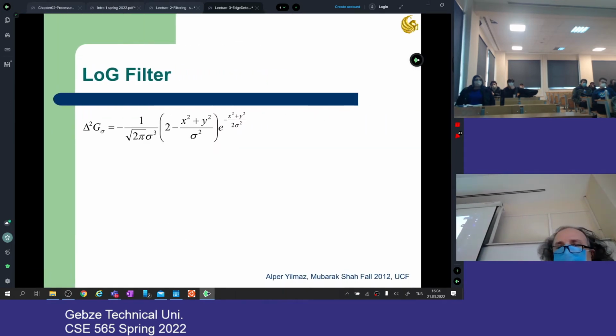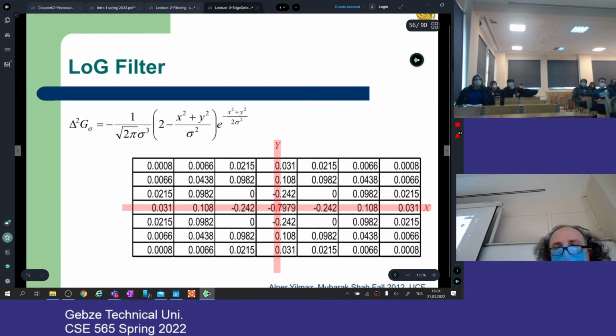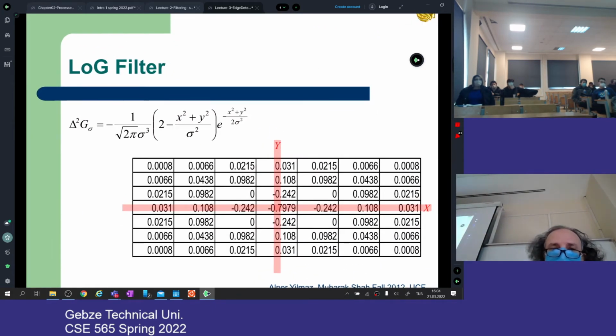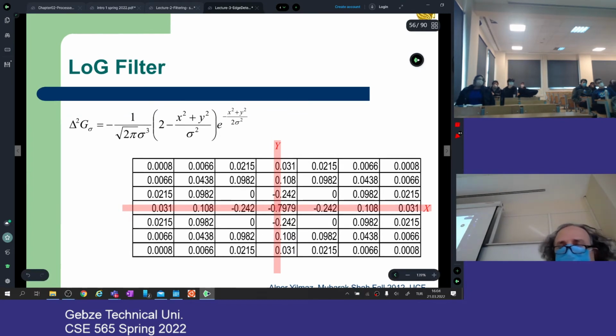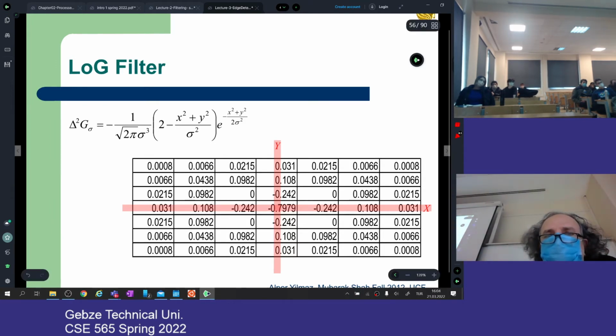And if you take the second derivative of it, this is what you would get. This is the numerical representation of the Laplacian of Gaussian, the second derivative of Gaussian actually. At the center it is the deepest, just the inverted Mexican hat, remember. If I draw the Mexican hat, it would be like this.